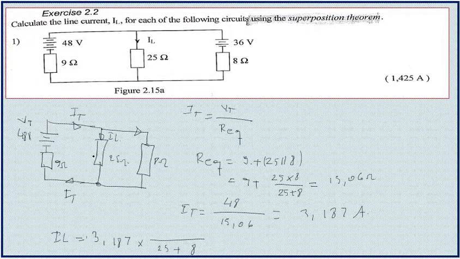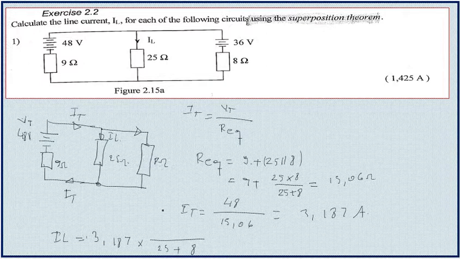So now to calculate the current in each branch, I will first copy the total current, and then add the sum of the resistance. I put them on the bottom. And then on top, as I'm calculating the current in 25, I won't use the 25 ohm resistor, but I'm gonna use the 8 ohm resistor.